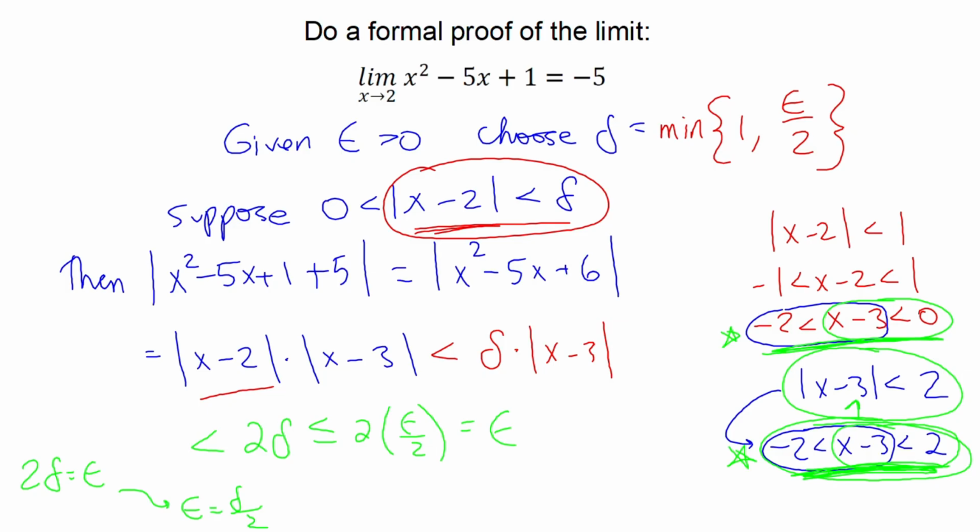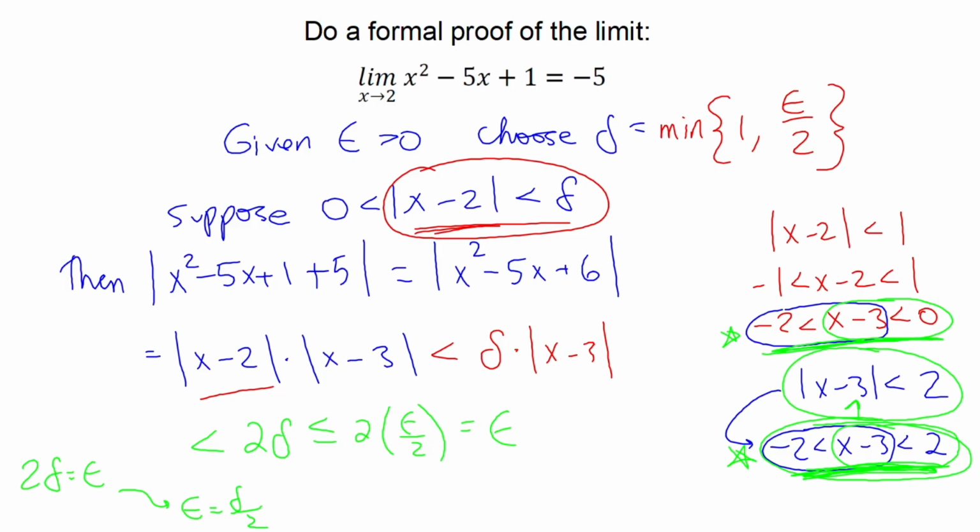But if I choose the 1 value as my delta, then really what I'm looking at is 2 times delta is less than 2 times epsilon over 2, which must be true because I know that the 1 was less than epsilon over 2. And so I'm picking something that makes that a less than value. And so that's the reason why.